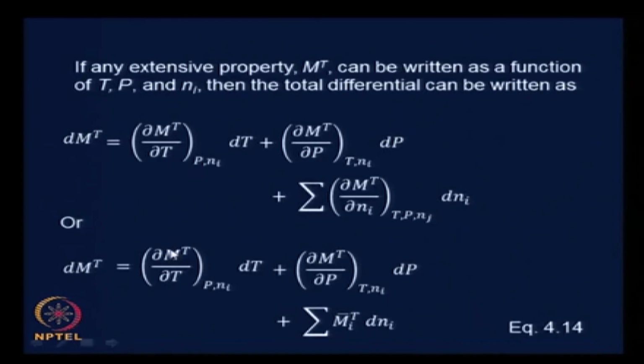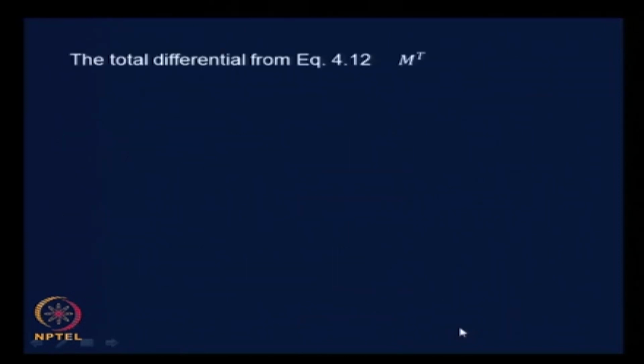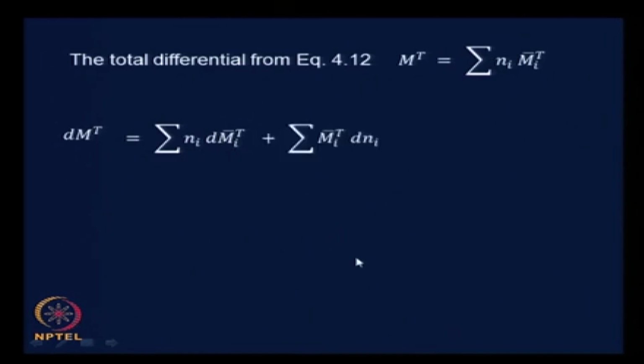Okay. I had asked you to equate ∂Mt/∂T at constant P, Nᵢ dT, plus ∂Mt/∂P at constant T, Nᵢ dP, plus the summation of the partial molar property times dNᵢ, with the summation of Nᵢ times d(partial molar property of i) plus the summation of the partial molar property times dNᵢ. If we do this, you can see that one of these terms is going to cancel out.